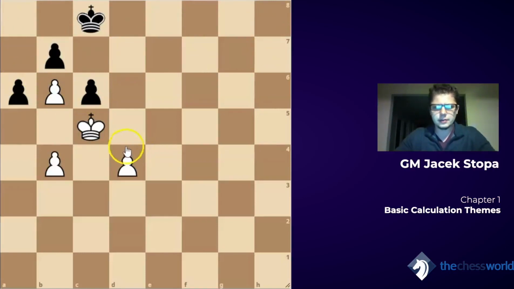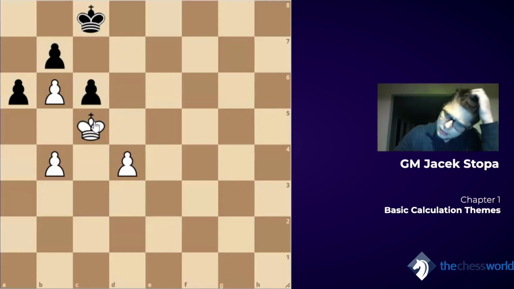Here's another position. This is another pawn endgame, just like our first example. And this one is a little bit more complex, I'd say, but it's a nice calculation example. So what are some of the candidate moves that need to be talked about here in this position? What would be something that white can do here?